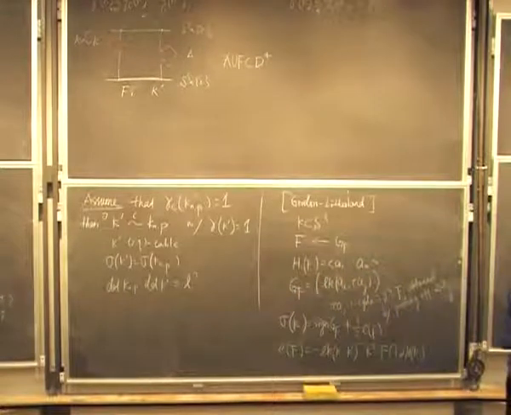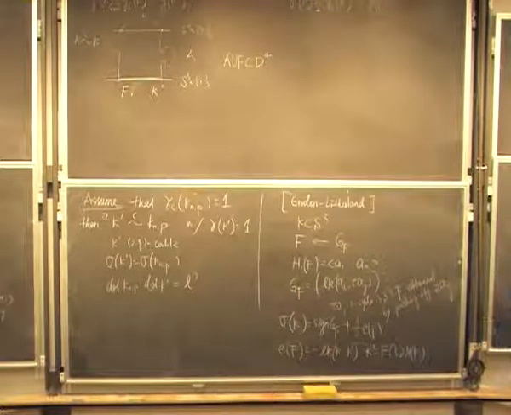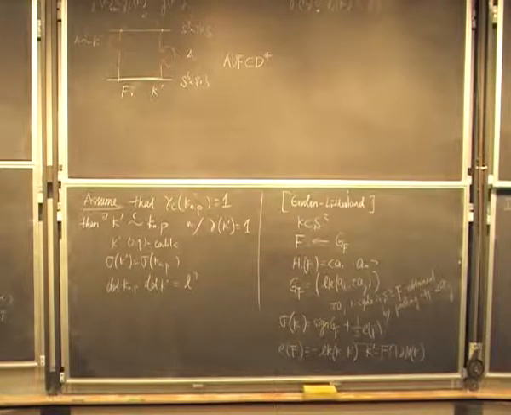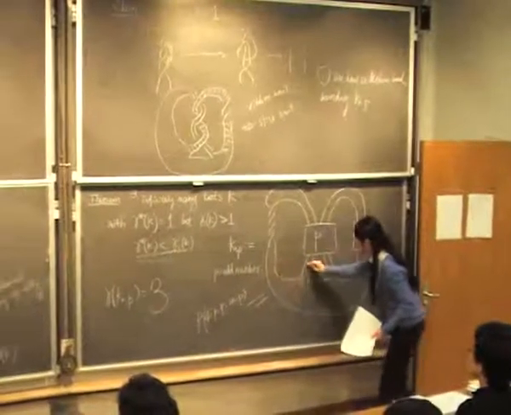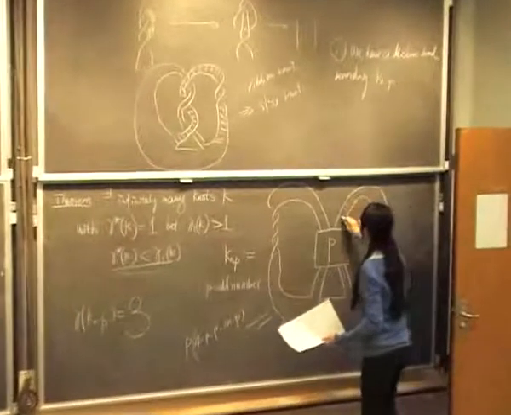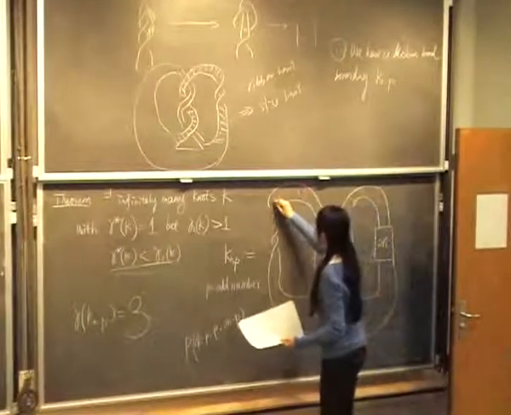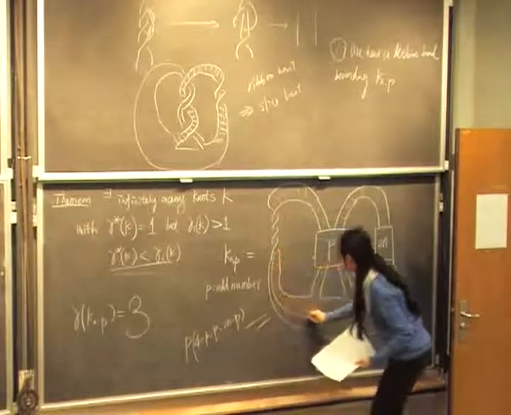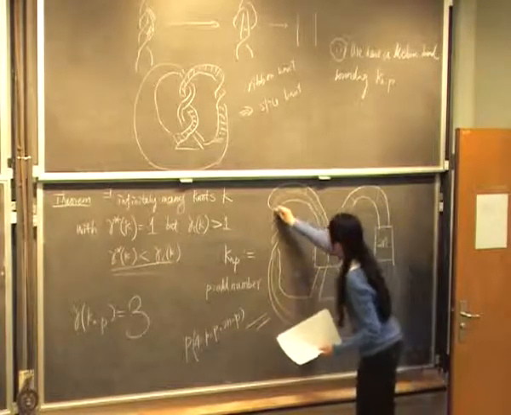So now we have everything, I think, and let's go back to here. So now we have this surface here, right? This is a Seifert surface. And we can take a generator system.